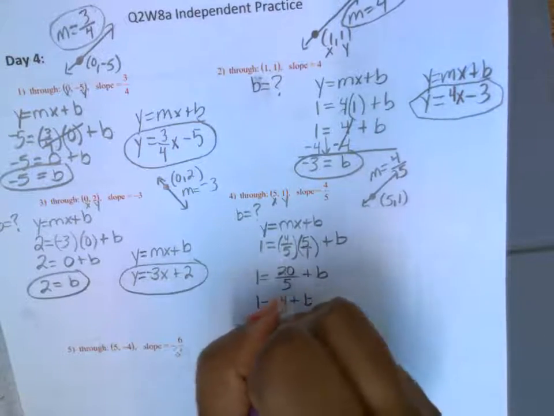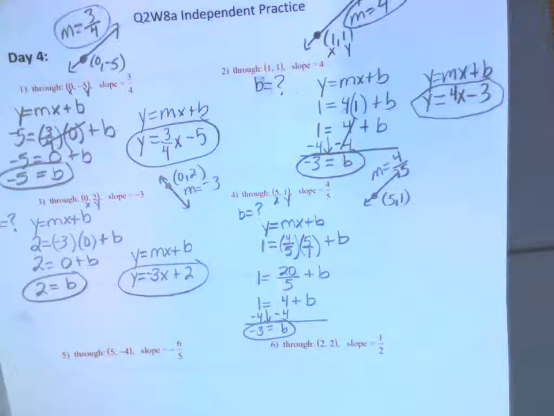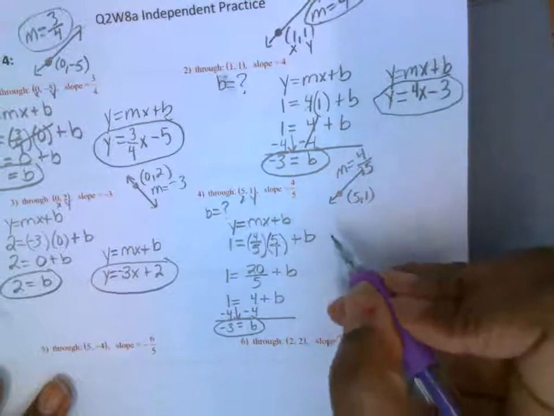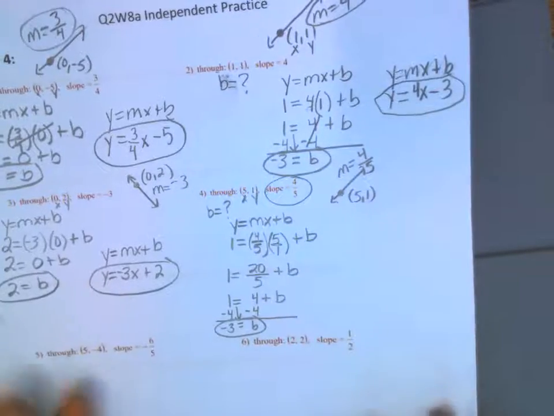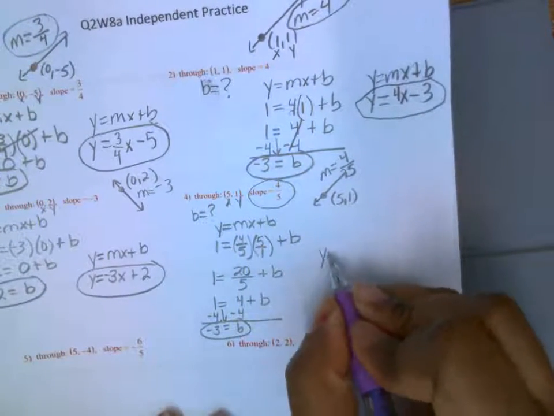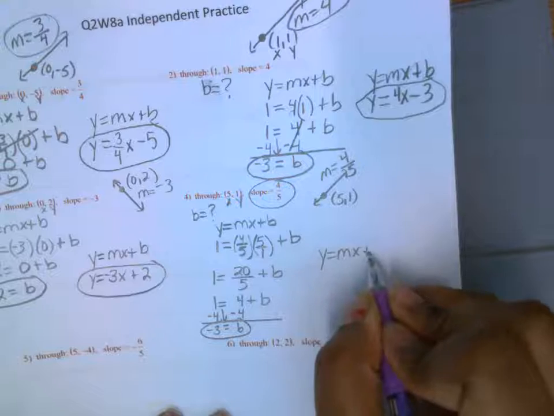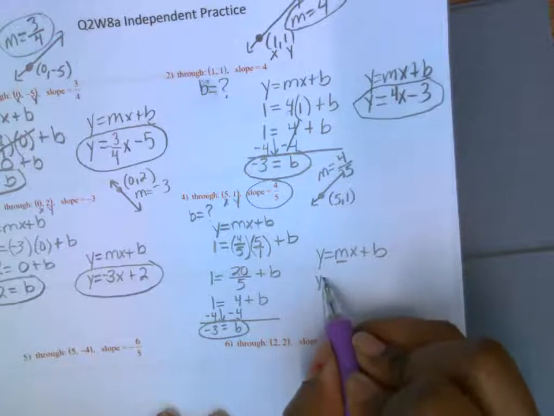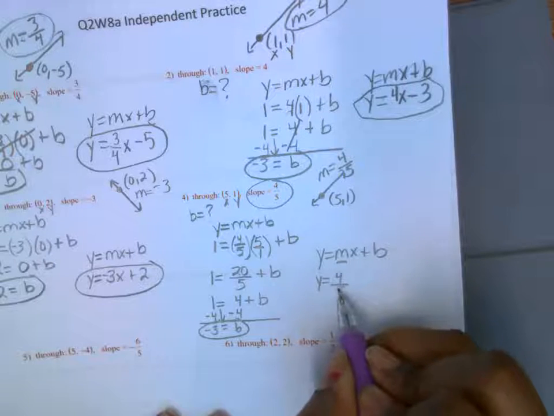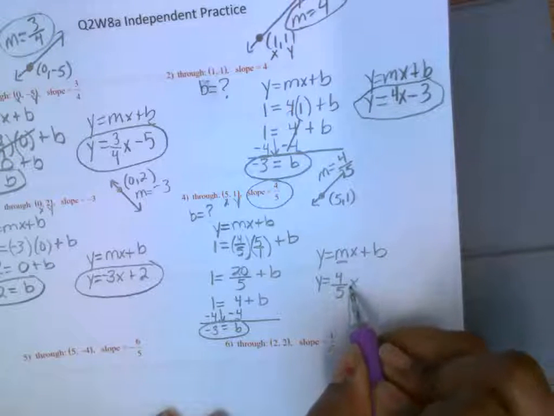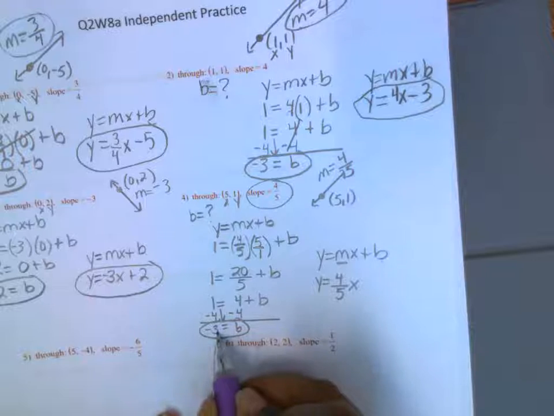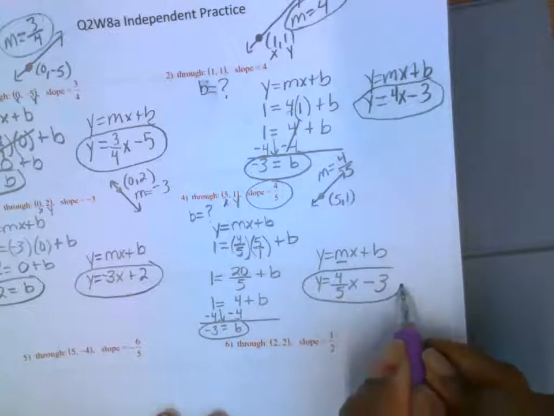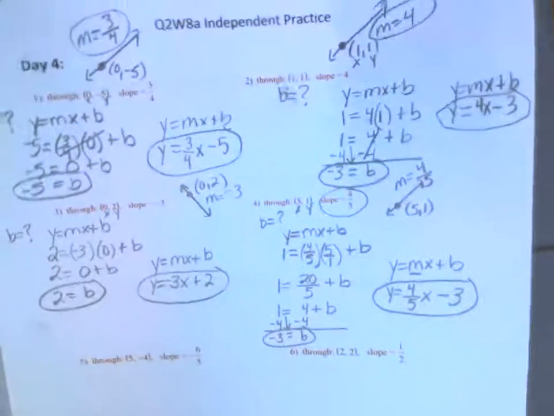So b is -3, and m they already gave us, which is 4/5. So my equation in slope-intercept form: replace m with 4 over 5, bring down the x, replace b with -3. So that's y equals 4/5 x minus 3. I'll pause to make sure that you have it written, okay?